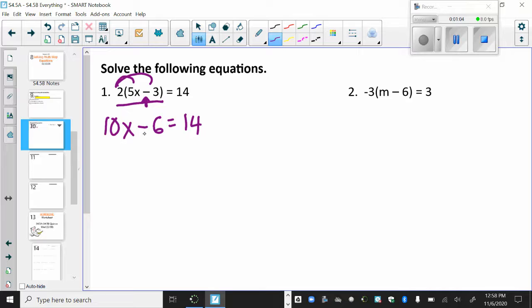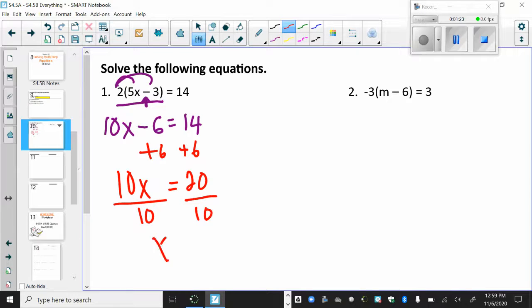I don't have any right now. So my next step is adding 6 to both sides. It leaves me 10x equals 20. 14 plus 6 makes 20. Then I'm going to divide by 10 to get x equals 2.